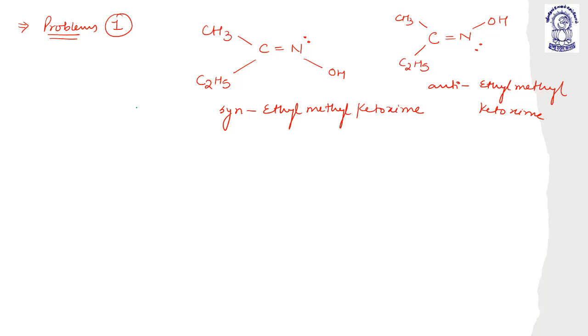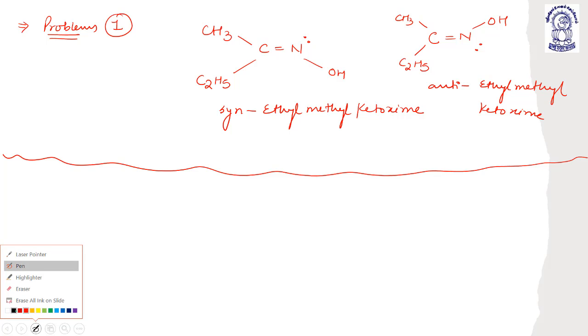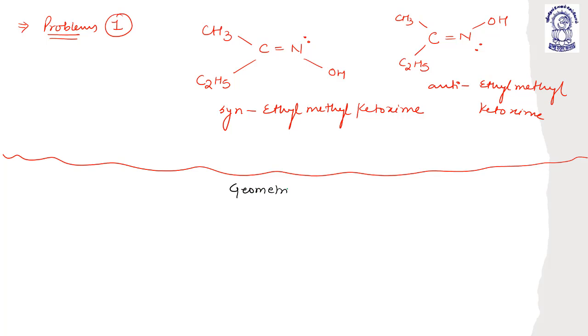Understood? Now we are going to talk about geometrical isomerism in cycloalkanes.